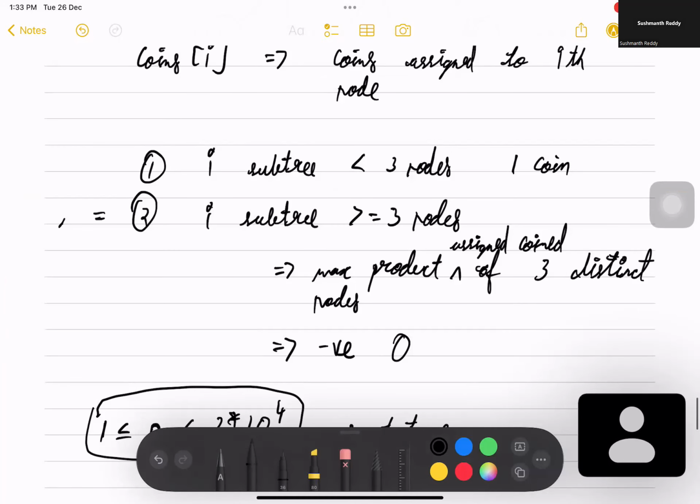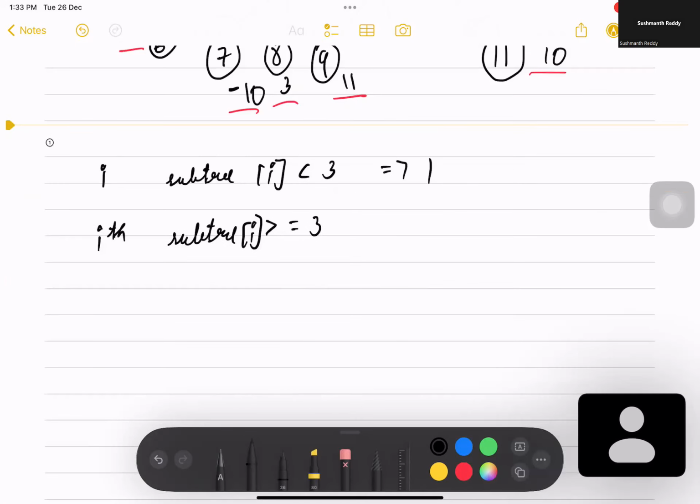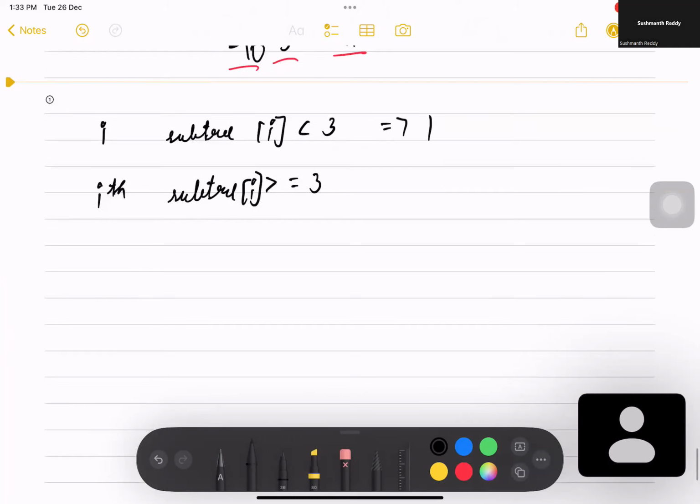According to the question, if you look at the second criteria, we should place the maximum product of coins assigned to three distinct nodes in the subtree, right? So for that, firstly, let us observe one thing.